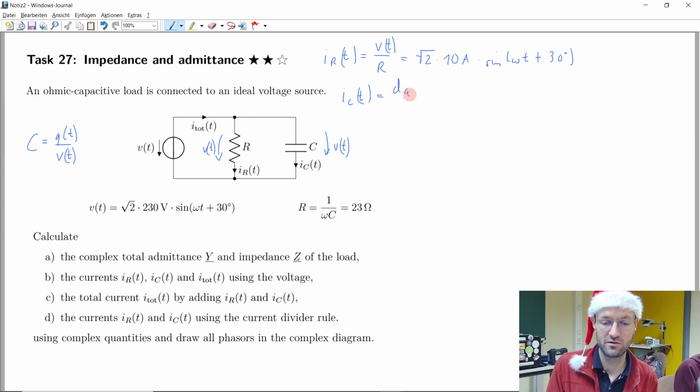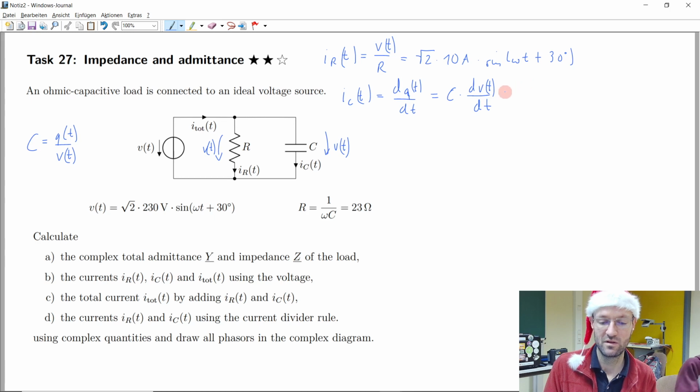So if the charge changes over time, then we have a current flowing. And so now we could insert our equation for the charge there, and now we get C multiplied with the time derivative of the voltage over time. So now we need to insert our voltage function that we have here and calculate the time derivative.